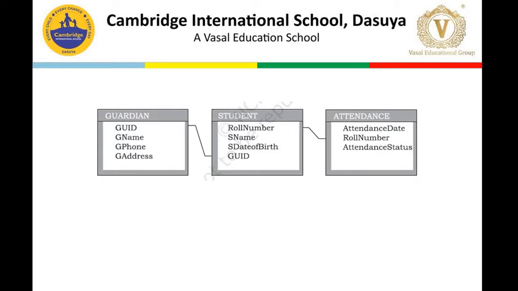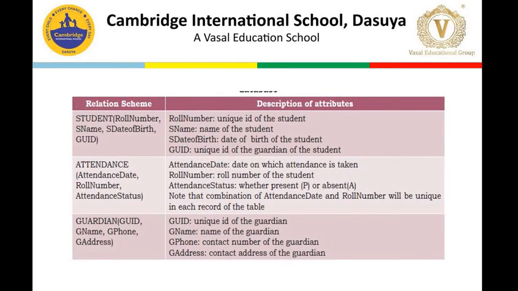Everything we will do practically in our next few lectures. Students, this is a brief description of the student, attendance and guardian relations, and of the attributes used in these tables.